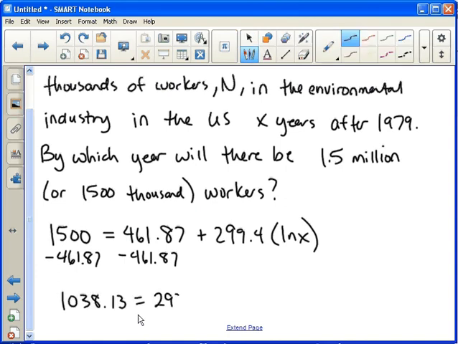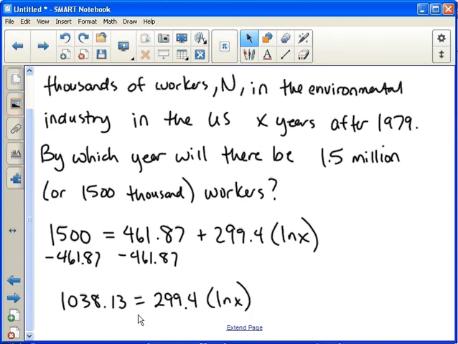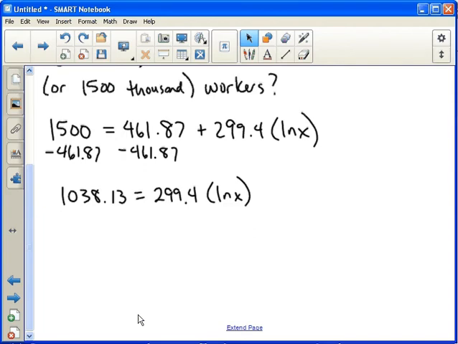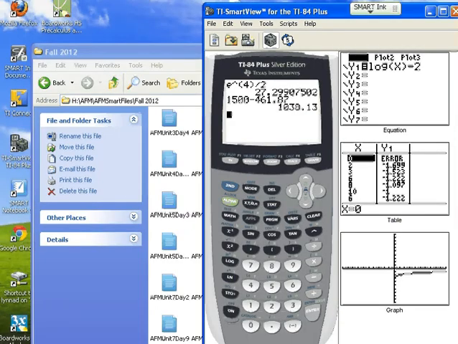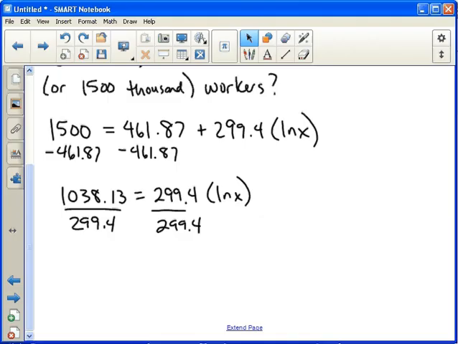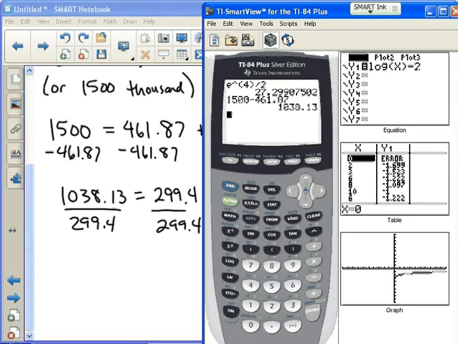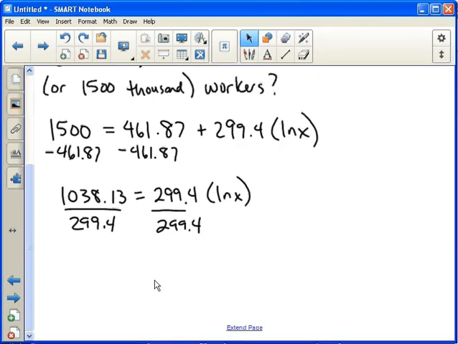Now we need to divide both sides by 299.4. See what that gives us. Divide by 299.4. We get 3.467. And that equals the natural log of x.